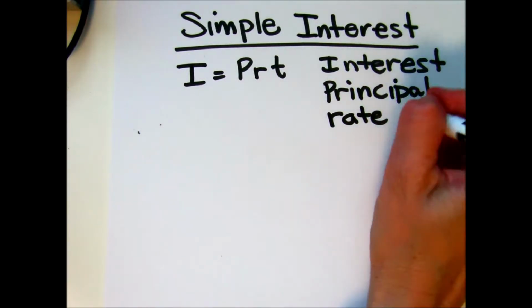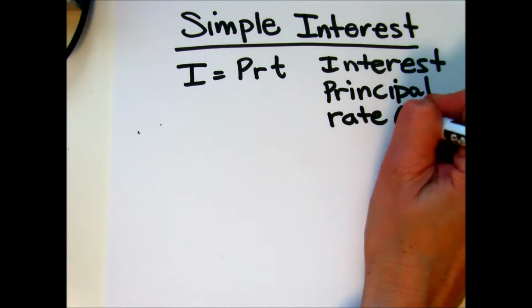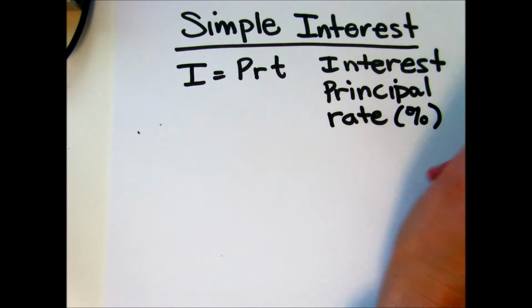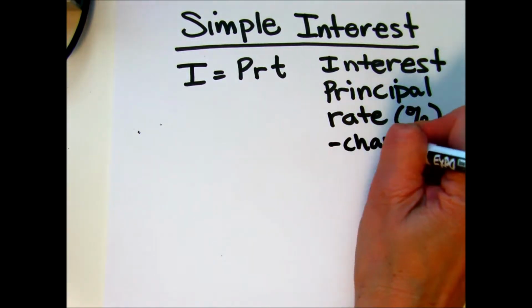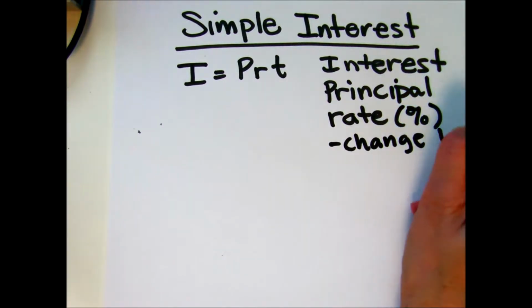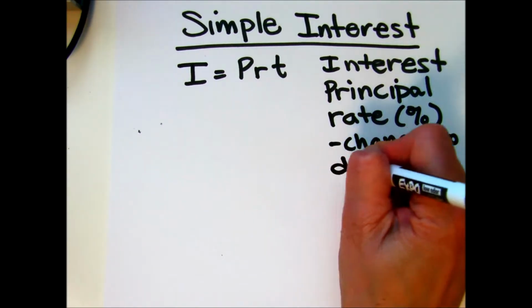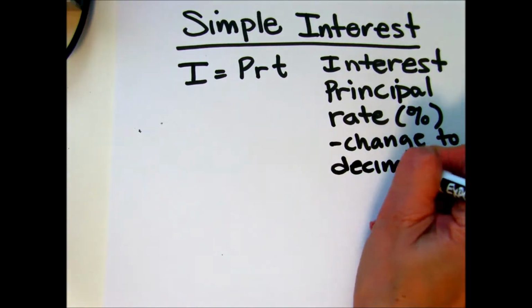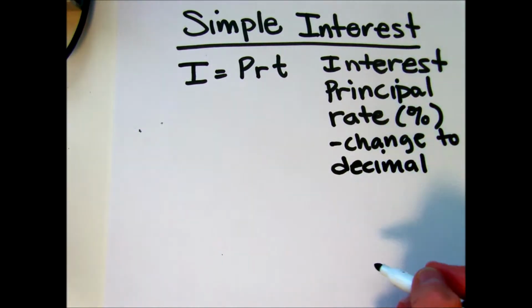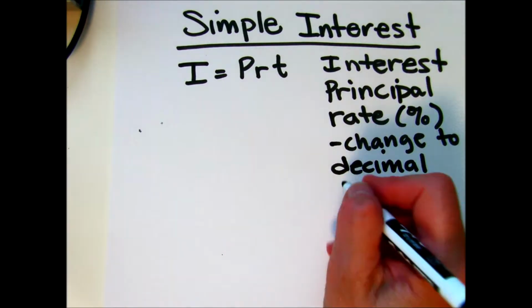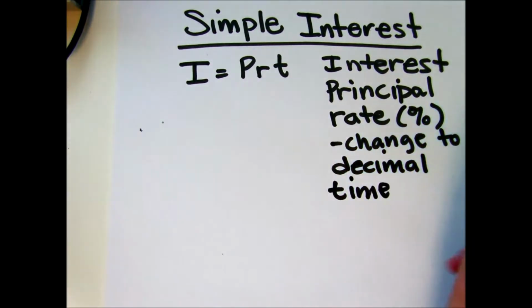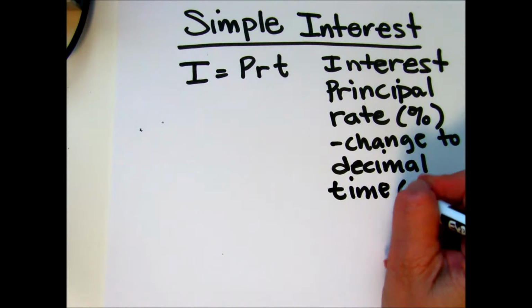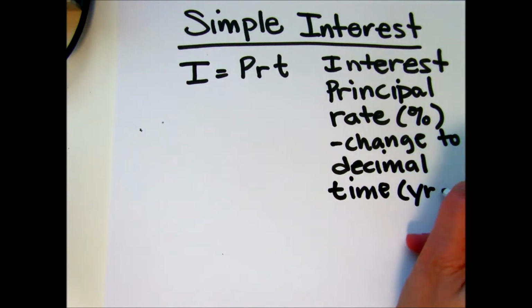So the rate is a percent, but we're going to change to a decimal. Okay. The last one is time, or T, and we're going to base our time in years.